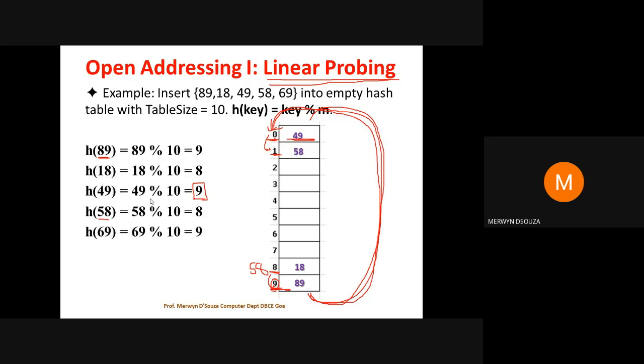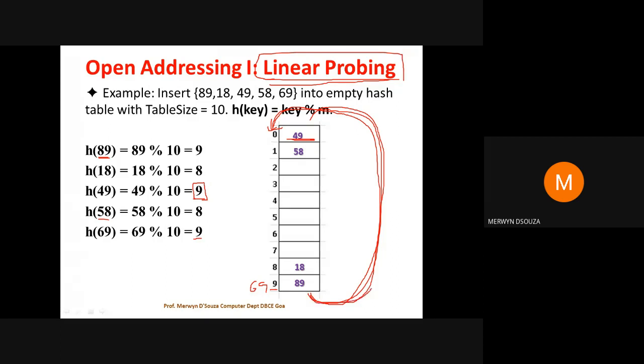Let's take the next example. Say I want to insert 69. For 69 again I get a hash value as 9. When you try to insert 69 here, again it's a collision. The moment a collision happens, I use linear probing.